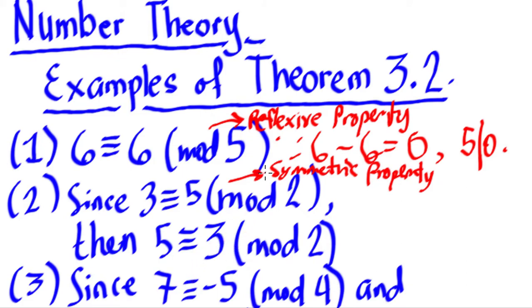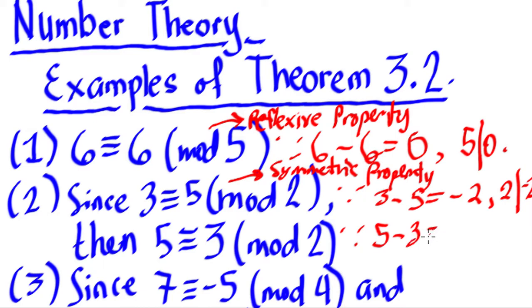Let's try to give some proof of why this is so, because 3 minus 5 is equal to minus 2. So 2 is indeed a factor of minus 2, that's 2 times minus 1. And also here we have 5 minus 3 is equal to 2. So we can see that the symmetric property holds.